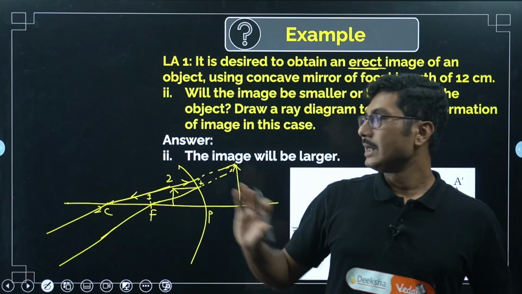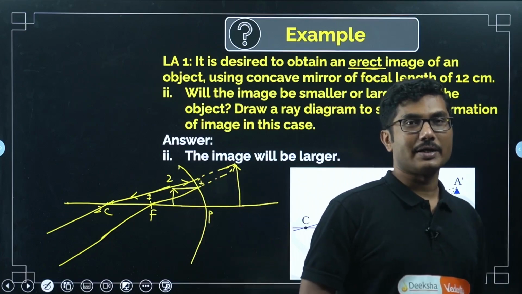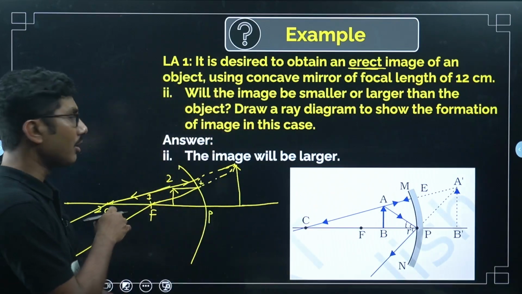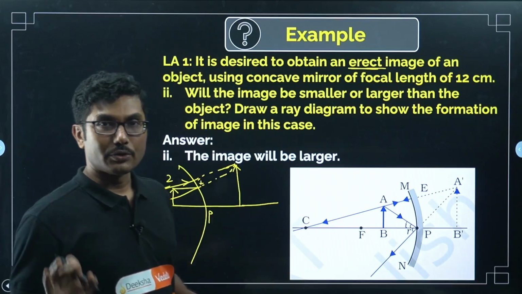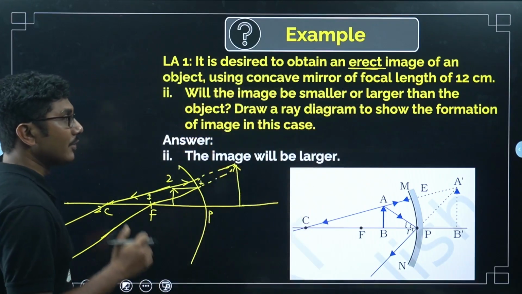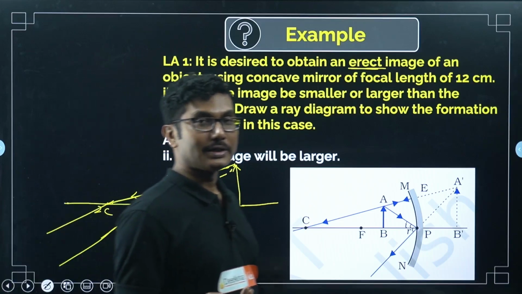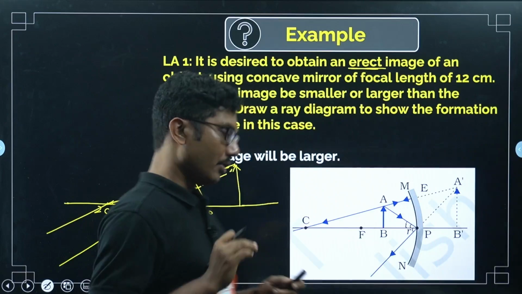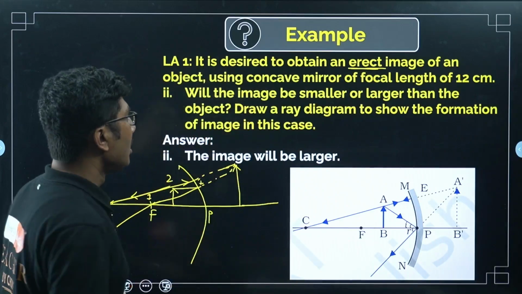As long as you can say it's a miniature of the given data, and it's a concave mirror with all the things in place, you are good to go. You don't need to draw the actual 12 centimeter focal length on your paper. Okay, remember this point.